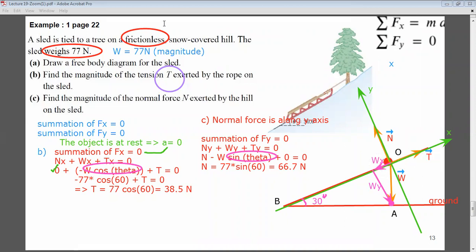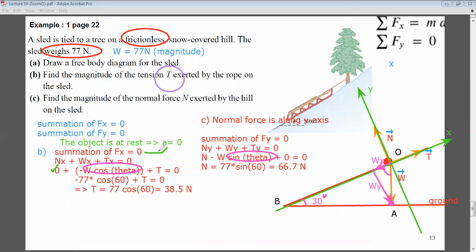So now we found that this angle over here is 60. I just have to pay attention that Wx is along the negative x-axis and Wy is along the negative y-axis. So instead of Wx, I put minus W cosine 60. And Tx is T because all of T is along the x-axis. Given W is 77, minus 77 cosine 60 plus T equal to 0.